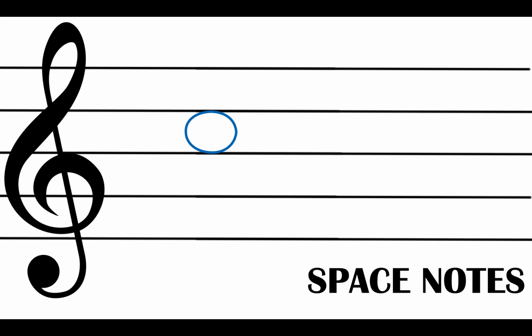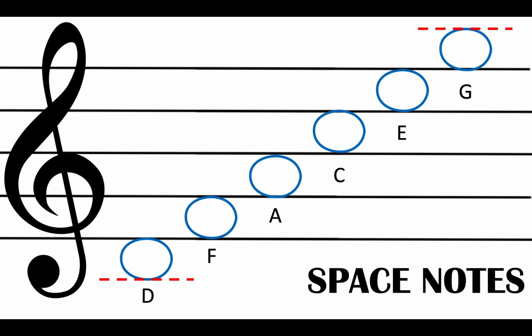So we think of the third letter of face, F, A, C. Very good. This is a C. How about this? Second space, F, A. Well done. Finally, this one. You're right, that's an E. Very good. So these are our space notes.